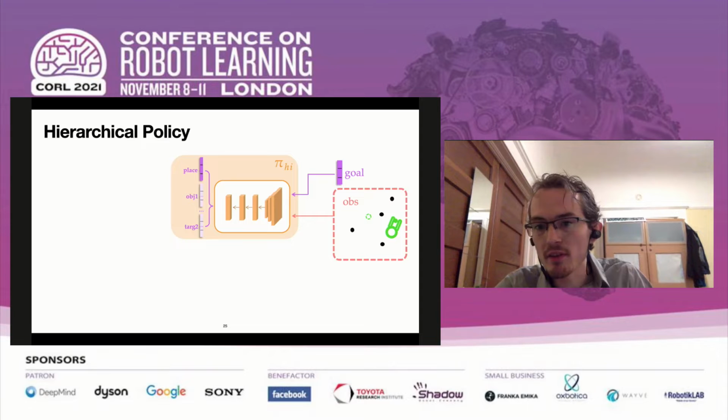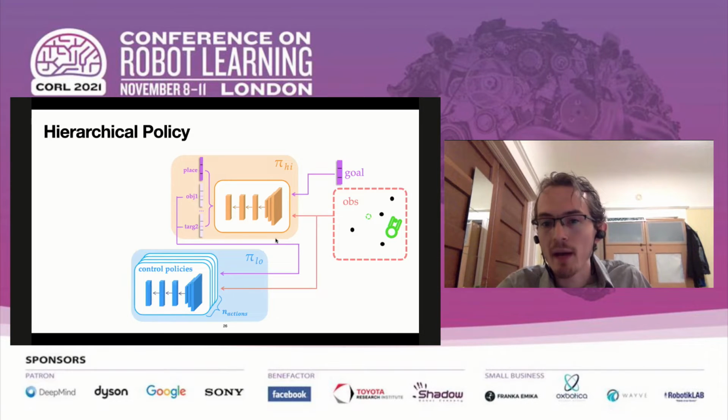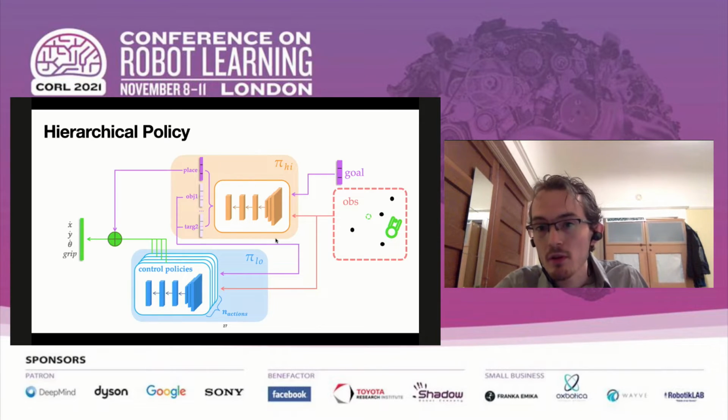We have a high-level policy that takes the goal and the observation, and it produces the action to take as well as the associated parameters. We pass these down to a set of low-level policies, one for each action we could encounter. Because these policies only have to worry about one type of action, they don't have to worry about the transitions, they don't have to worry about the discontinuities. We can then use our choice of action to gate the output of these policies and choose our next control.